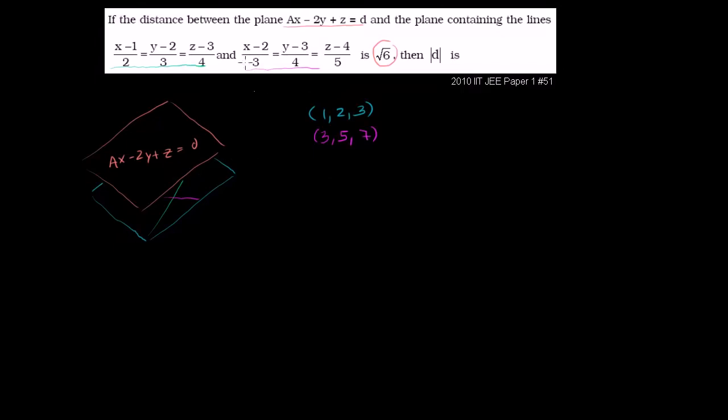So one more point, if we want all of these 3 to be equal to 0, would be the point (2, 3, 4), because this would be 0, 0, 0. So that's also sitting on the plane, and that sits on the magenta line right over there. So let's use these 3 points to figure out two vectors on the plane that aren't multiples of each other. Then we could take their cross product to figure out a normal vector to the blue plane.